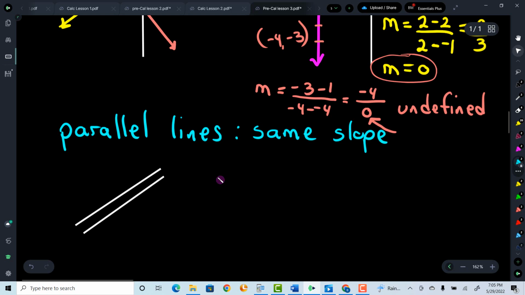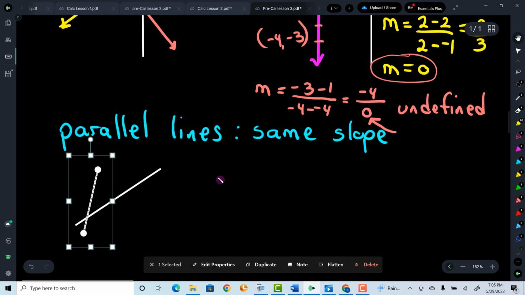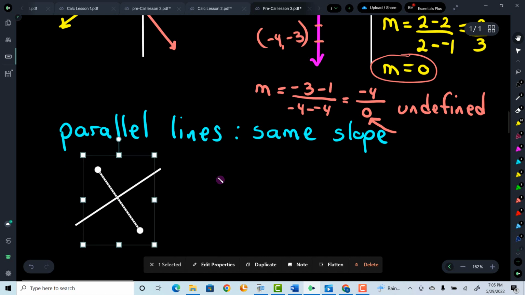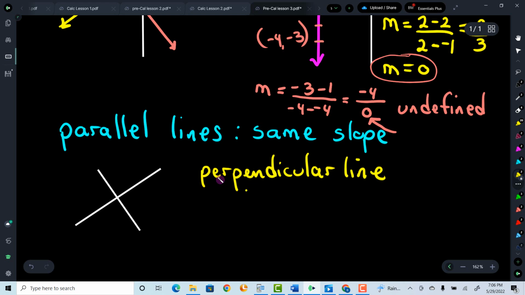How about perpendicular lines? Perpendicular lines. Right? We know that they make right angles. Right? Perpendicular line. We have a negative reciprocal slope.